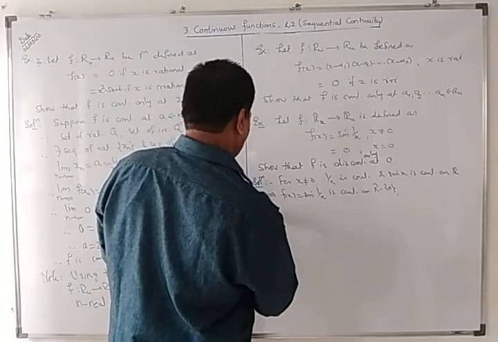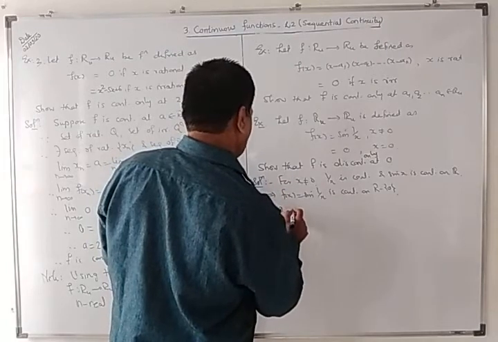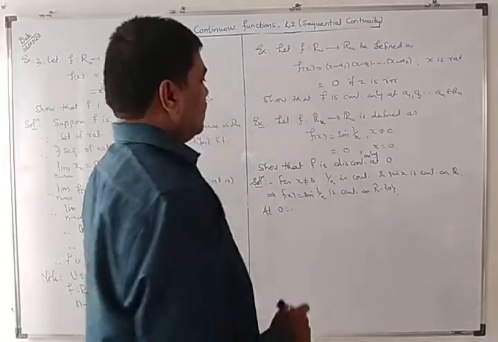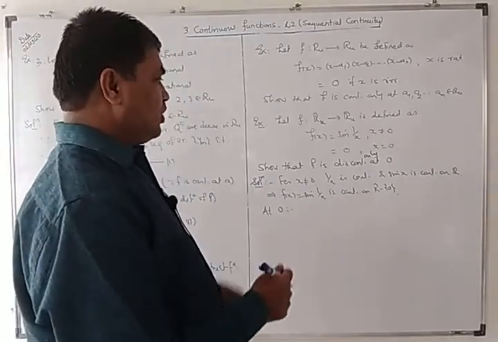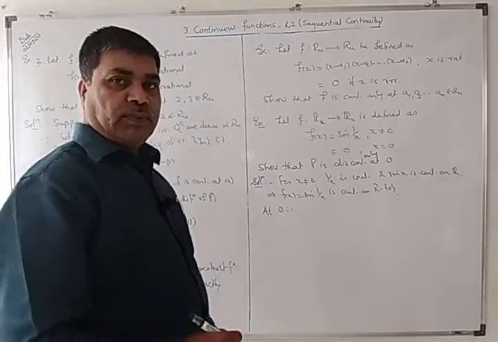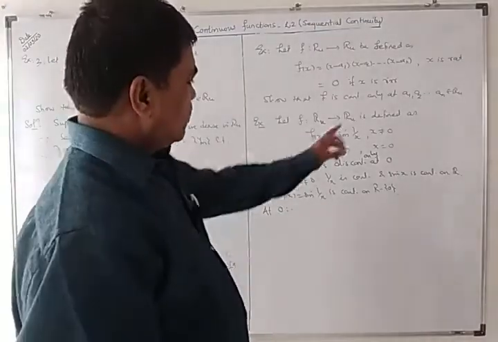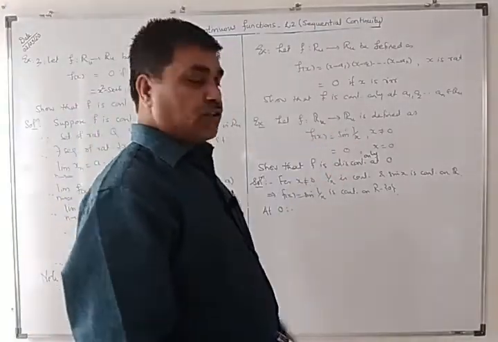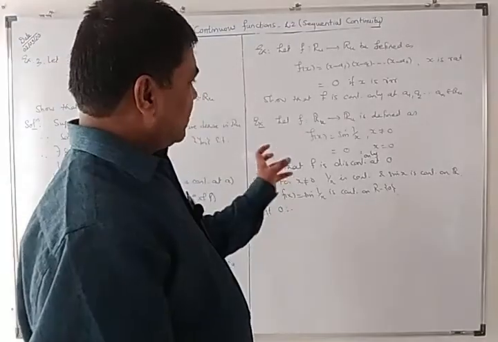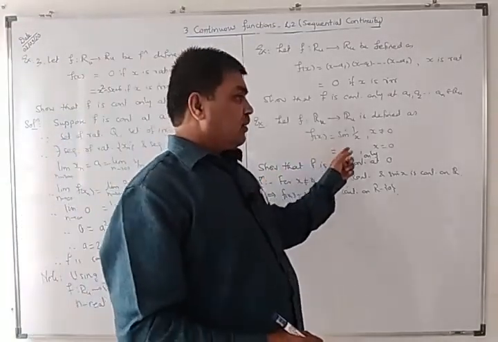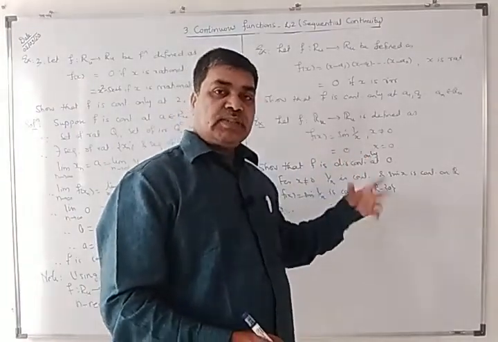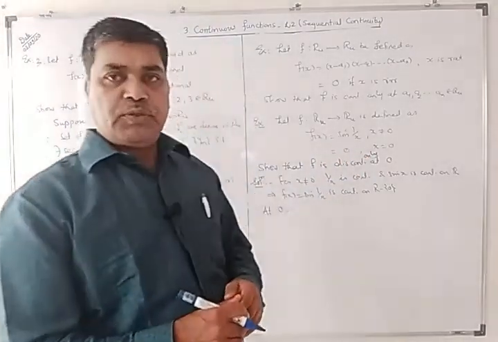At 0, we need to construct sequences which converge to 0, but whose image sequence converges to a different point. So here we have the sin 1 by x function. We'll take some sequence which converges to 0, but its image sequence doesn't converge to f of 0.